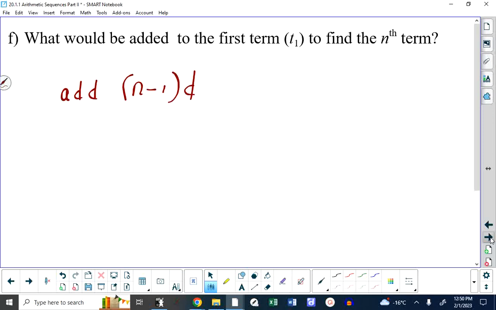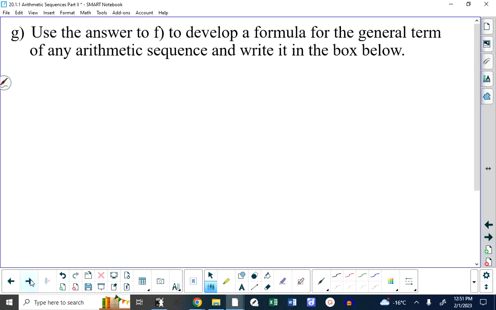And this idea is very useful in solving problems like the one that we went over, question 5b, I think it was. However, it becomes even more useful if we can take this idea and build an equation out of it, a formula out of it. And that's what we are asked to do here. Use the answer to f to give us a formula that we can use to find any term in the sequence, Tn.